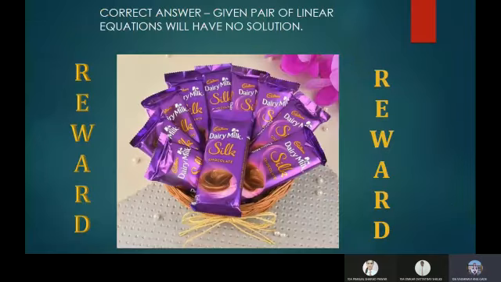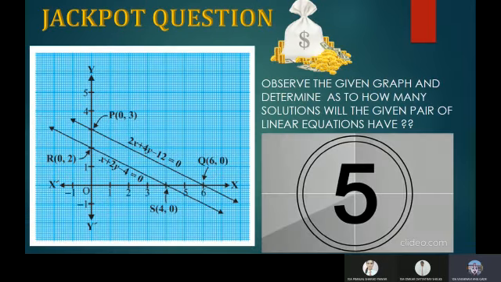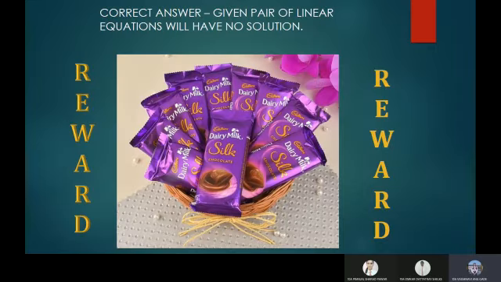So the correct answer is that the given pair of linear equations will have no solution, because we can observe that the lines are parallel, and we have learned that when lines are parallel, then they have no solutions. Your answer was correct. Here's your reward for the correct answer.